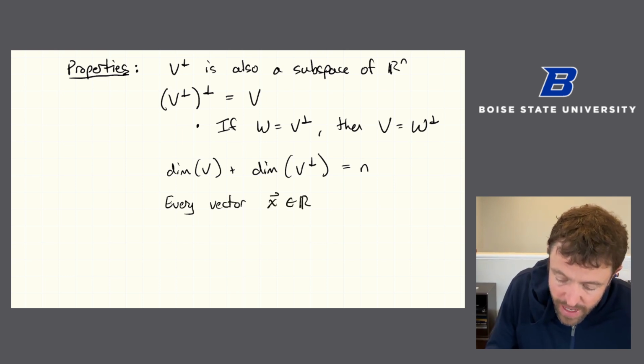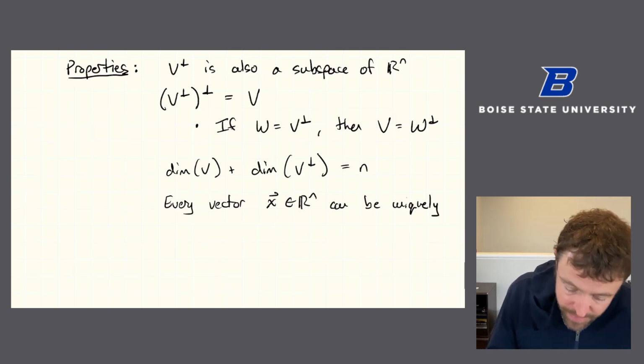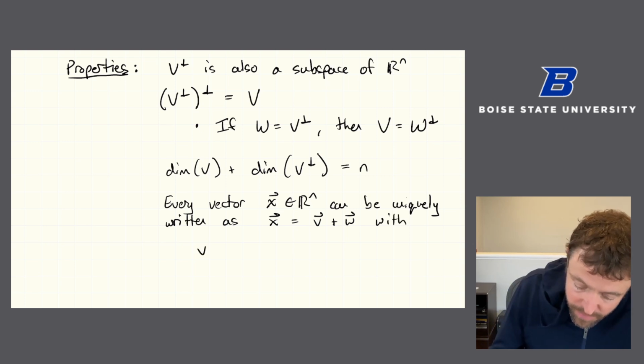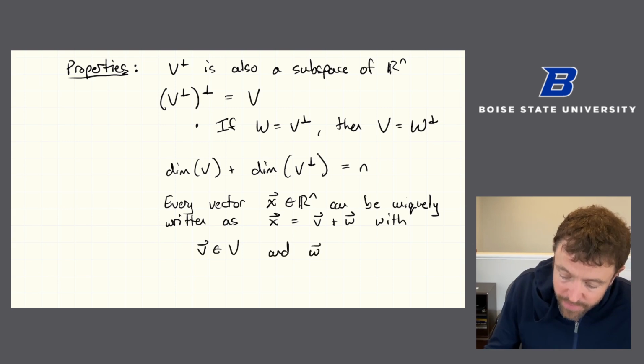So if we start with any vector x in Rn, we can write it in exactly one way as a sum v plus w with v in V and w in V perp.